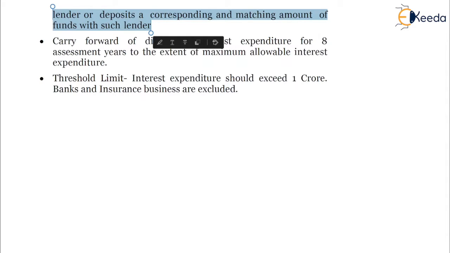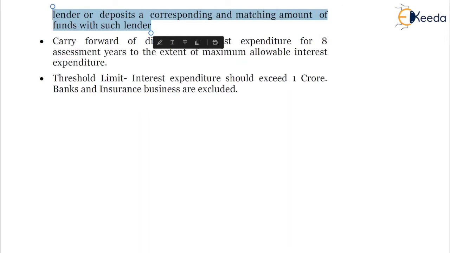So even if a guarantee is provided or funds are deposited with a third party lender, and that third party lender is providing funds to the Indian borrower company, in such a case it will be deemed to be a debt, and accordingly interest paid by the borrower Indian company to such third party lender will be subject to the 94B limit on interest deduction.